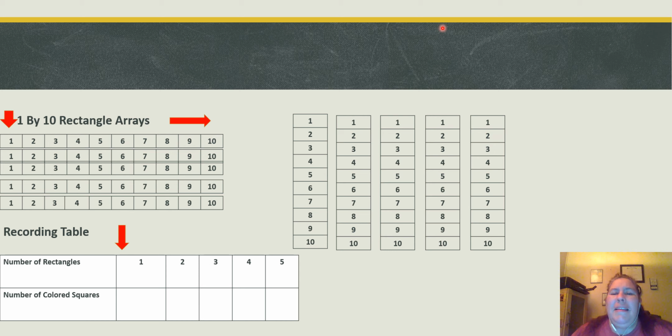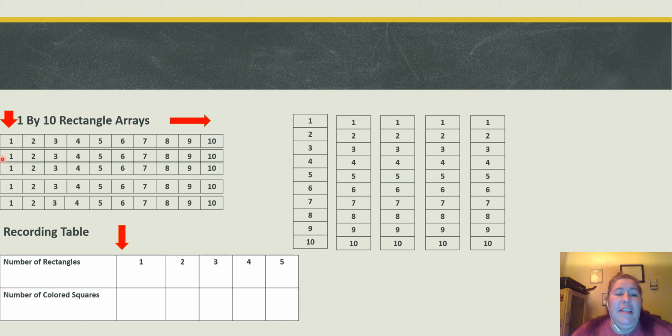Great job, math team. Next, your team will pick any number between 1 and 9 and color that number of squares in your first rectangle. After you color in the squares in the first rectangle, record the number of squares on your recording sheet.